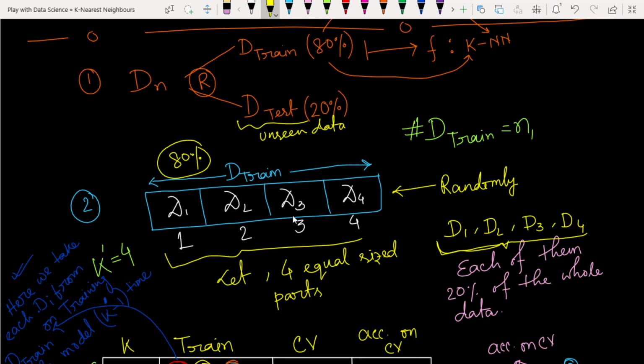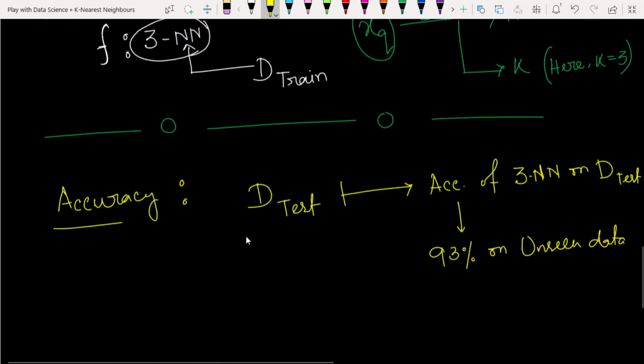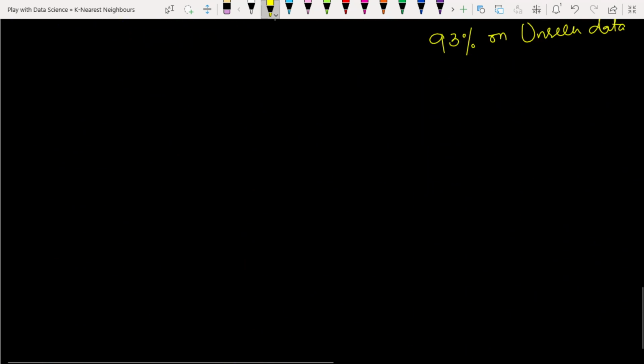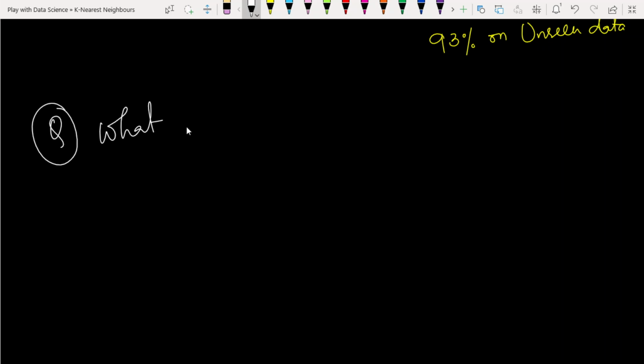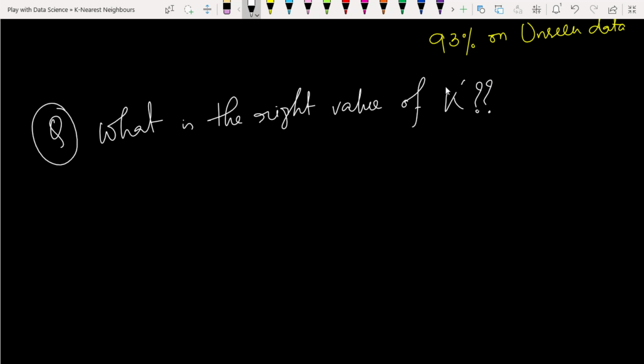How many parts is better to take to find our right k? So what is the right value of k'?